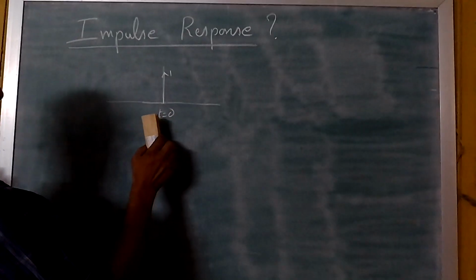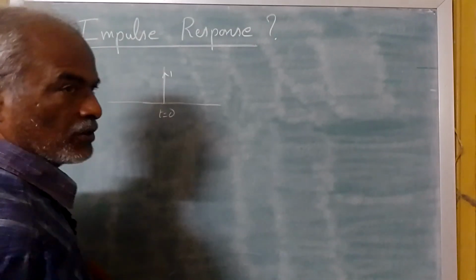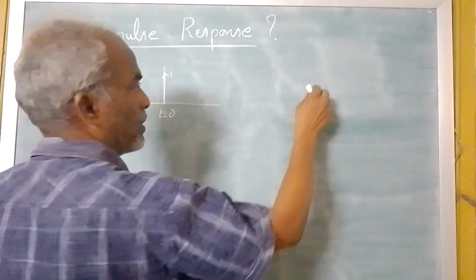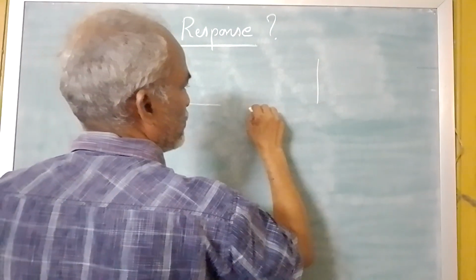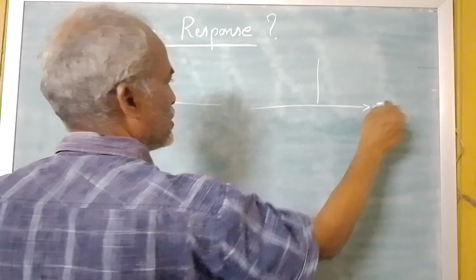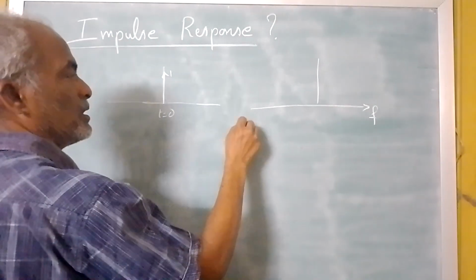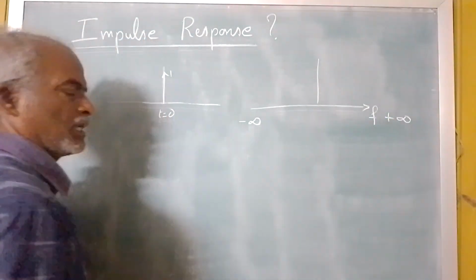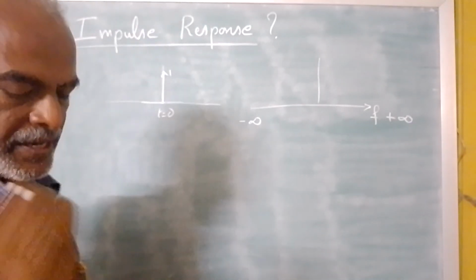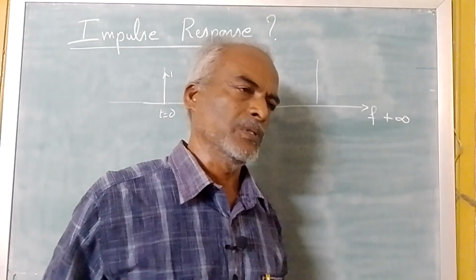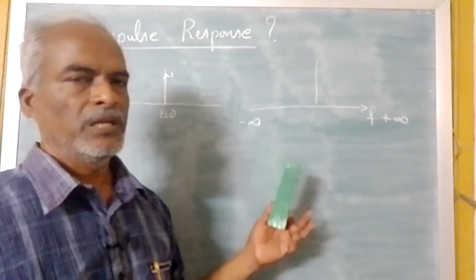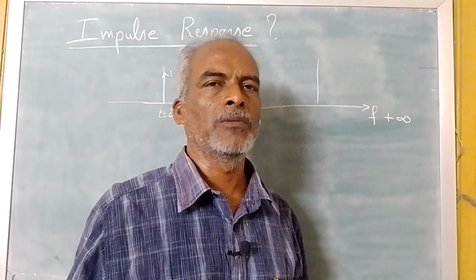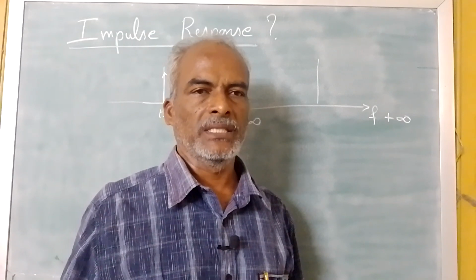If you check the frequency domain analysis of the impulse, it contains all the frequencies, starting from minus infinity to plus infinity. That means it contains all the frequencies. How negative frequency and all, we are not going into that mathematical expression and proof.